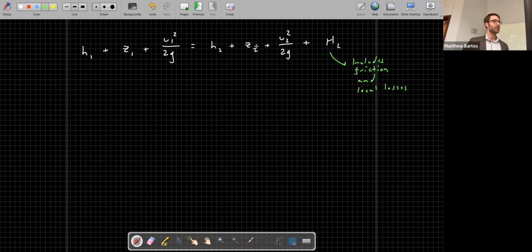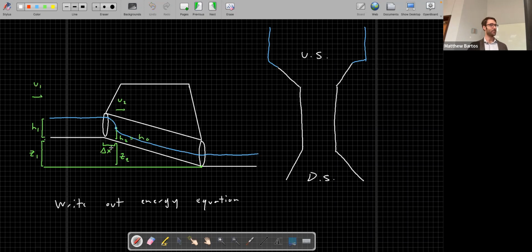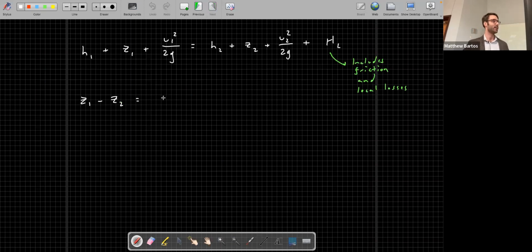Let's go ahead and subtract Z2 from both sides. First, let's look at Z1 minus Z2. How can we express the difference between Z1 and Z2 in terms of the variables we know? Let's say we know the channel bottom slope. It's not quite H2. The difference between Z1 and Z2 will be delta X times S naught.